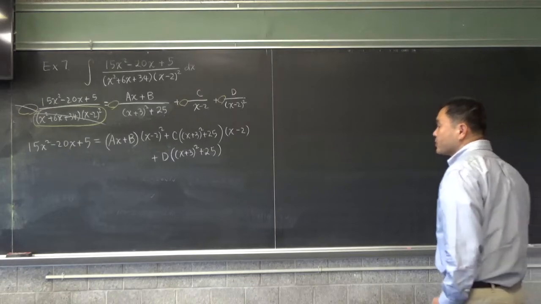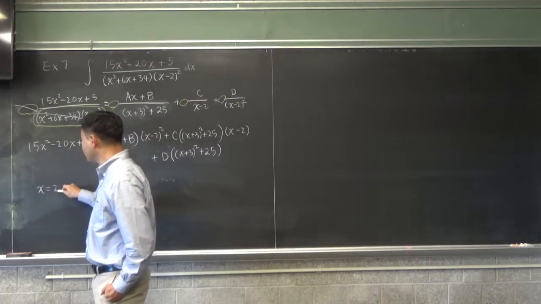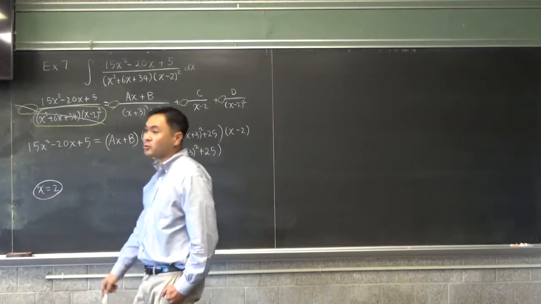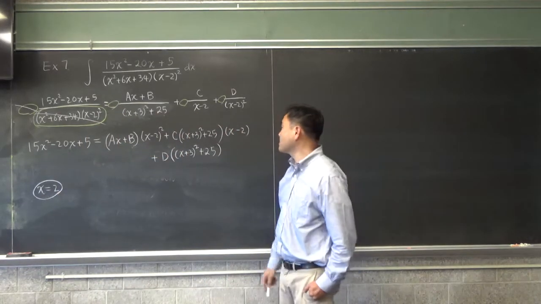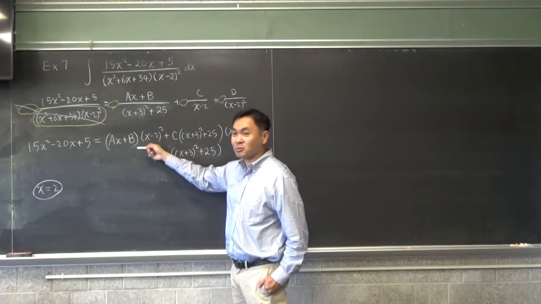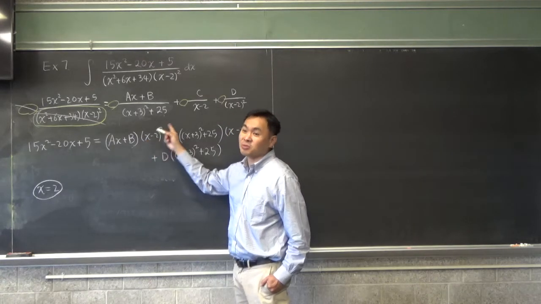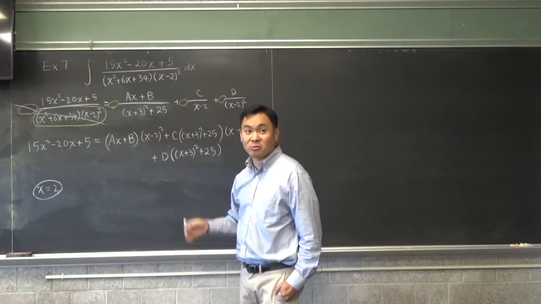What should I plug in? 2. Why? There's x minus 2 in there already. What happens when you plug in 2? It becomes 0, so the calculation becomes really easy.